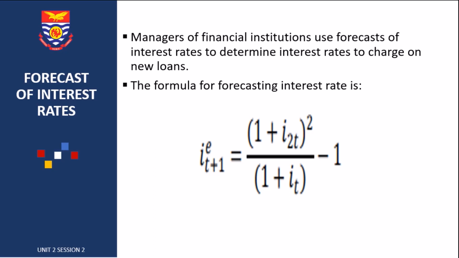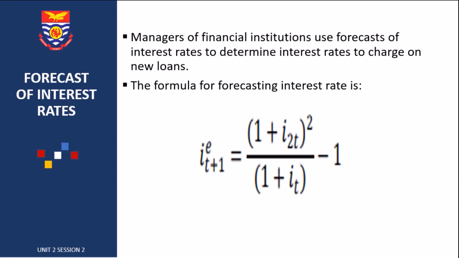First, I exponent E subscript T plus 1 is today's expectation of interest rates on a 1-year treasury bill. So we are calculating the interest rate to charge on a future bond which is being held for 1 year.